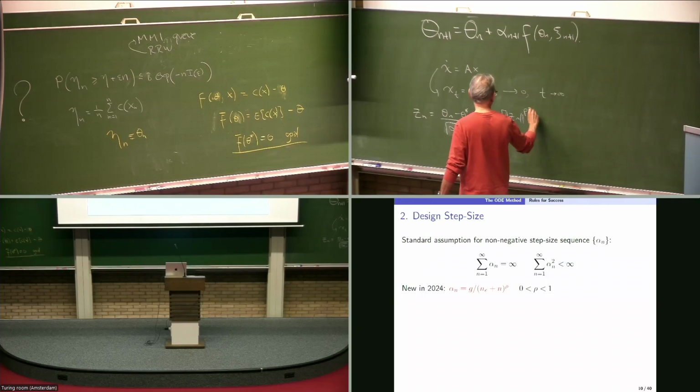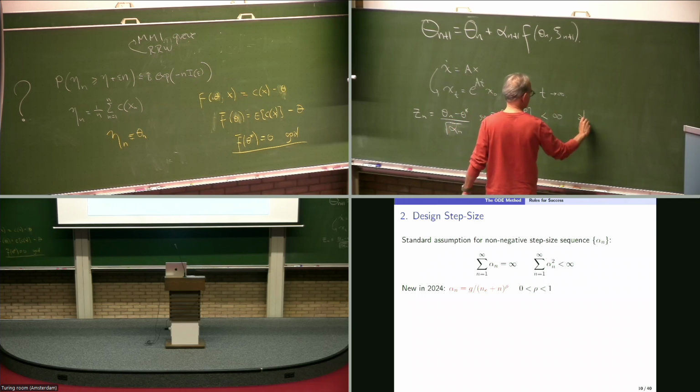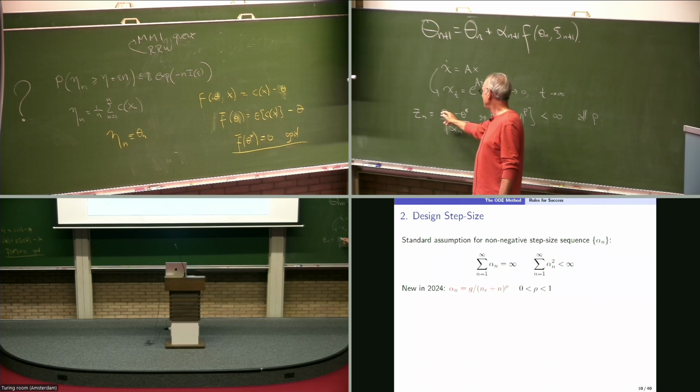to the pth power, sup over n, is less than infinity for all p. Can anybody see what that implies? It means that the pth moment of the error is bounded by this to the pth power.